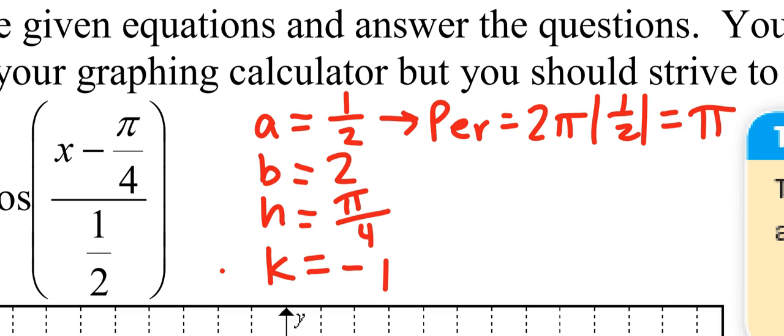Pi, right? We did a horizontal shrink by 1/2. What did we do to the amplitude? Did we shrink it or stretch it? Stretched it. To what? To 2, yes. It was 1, we doubled it, and now we have 2.